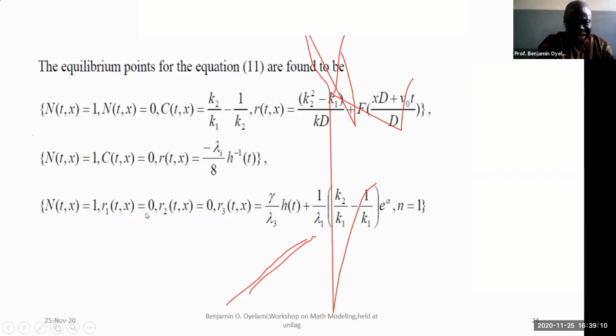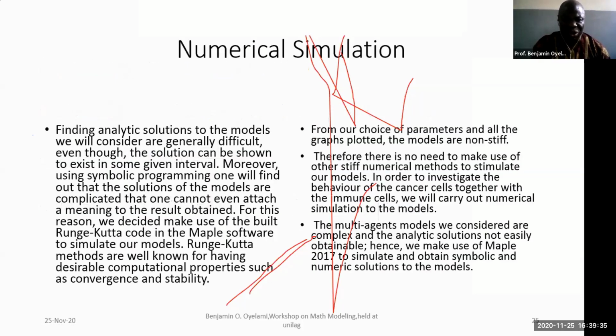Because all these ones become zero, because after some time, when the cancer cell is growing, the immune system will be depreciating until some of them become zero at a particular time, or almost asymptotically tending to zero. So we have to introduce some things. So medical experts must introduce what they will do.